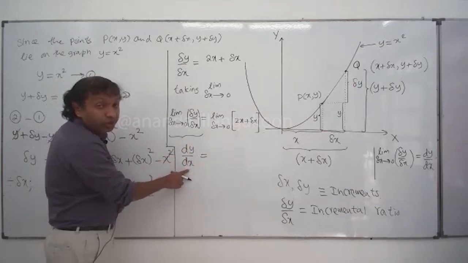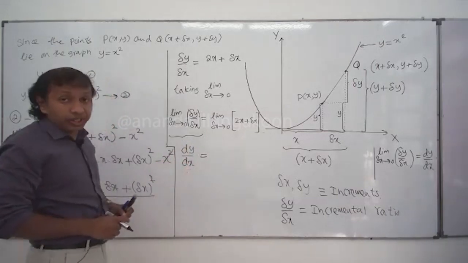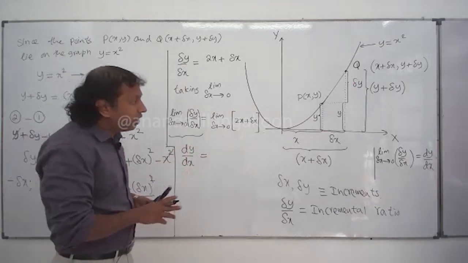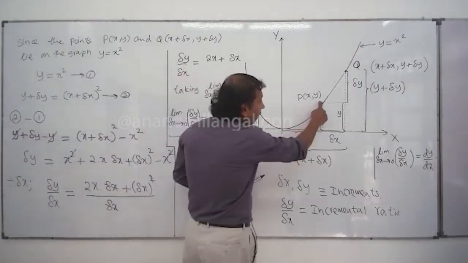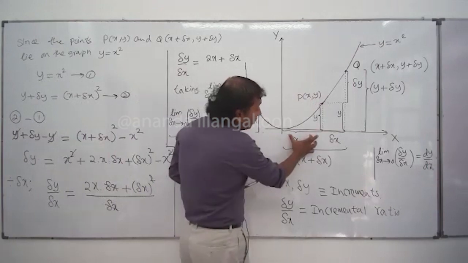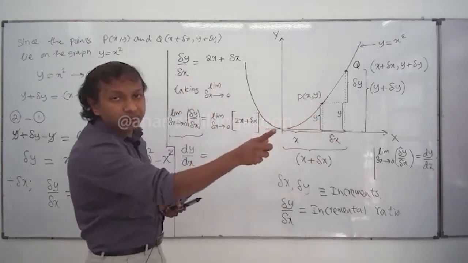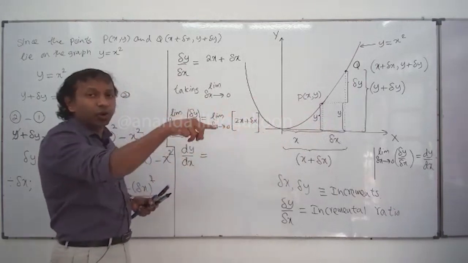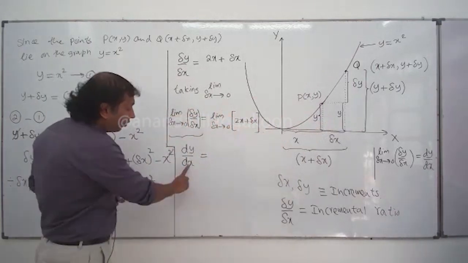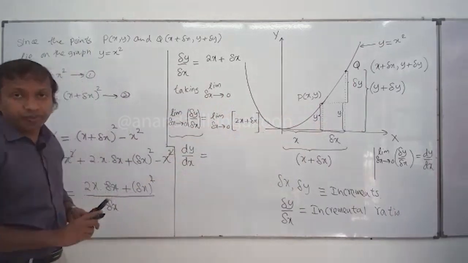Dx means relative to x. Why do we hear the word relative to x? Relative to x means, people, initially taking this kind of point, its x coordinate is x, we increase x by a very small value delta x. So that is why here we say relative to x.